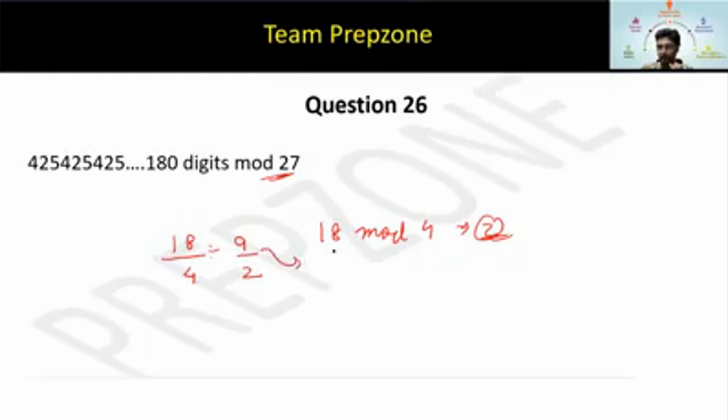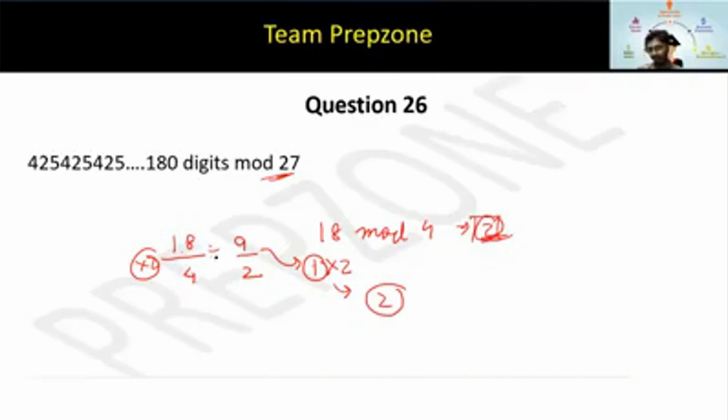Now, what is the answer? 1, right? So whenever you are solving questions in mod and you divide by some number, here you have divided by 2, multiply the final answer by 2. The answer will be 2 in this case, as you already know.